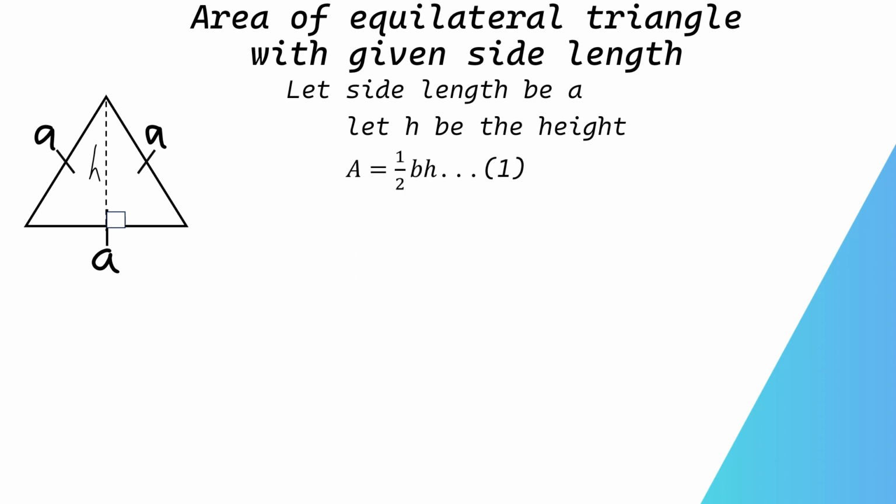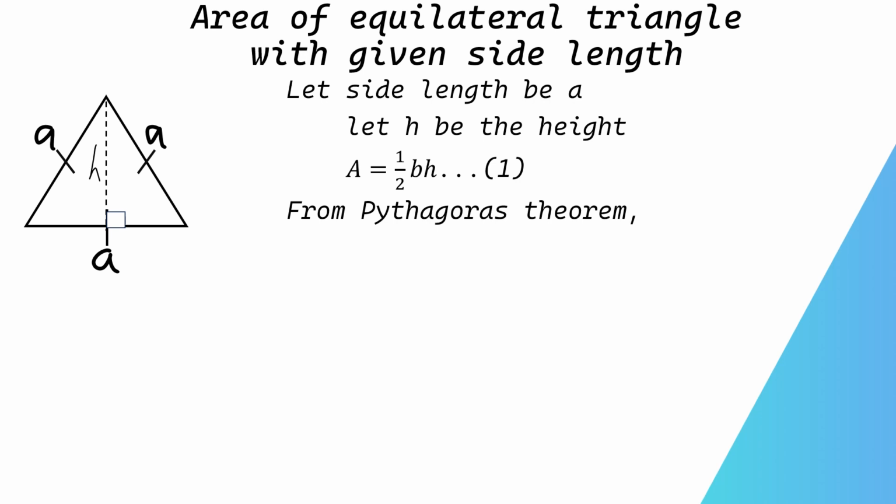Now how can this help us get a formula for the area of an equilateral triangle with a given side length? First of all, we have to find an expression for h. How do we do that? We apply Pythagoras theorem, because you can clearly see that when we draw the line through, we get a right angle triangle here.